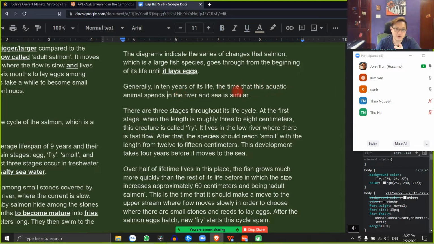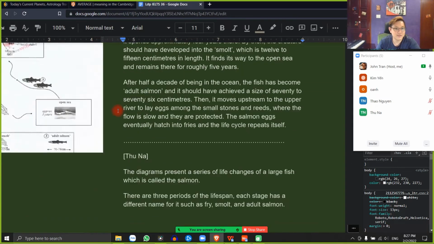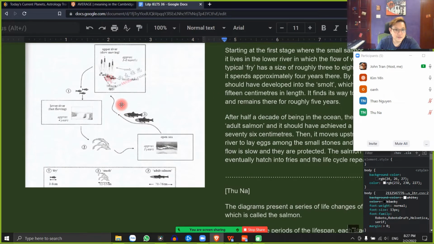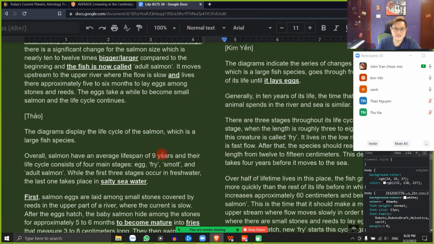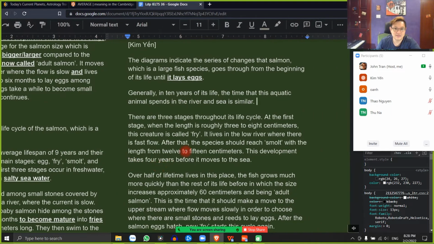Just say the time this aquatic animal spends in the river and sea is similar. Cái thời gian mà cái động vật dưới nước này dành ở trong dòng sông và ở biển thì giống nhau. Chứ không cần phải là dành để sống trong dòng sông và biển như nào. Yeah. Alright. Wait, is it similar? Let me check. Okay, it's 5 years, 4, 5, 6. Okay. Nearly, isn't it? Gần gần vậy đó. Nearly similar.